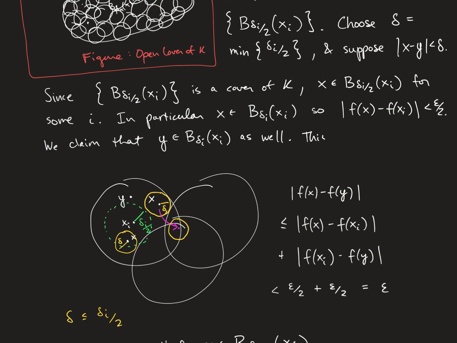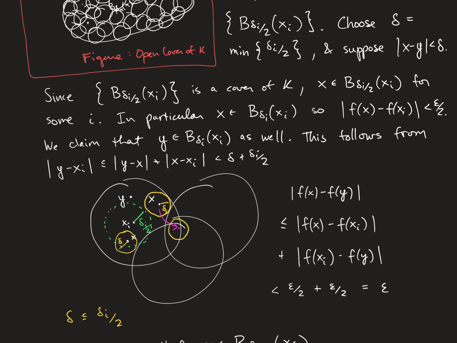So this follows from the distance between y and xi being less than or equal to the distance between y and x plus the distance between x and xi. Remember, x is in the delta i over 2 ball, so that second term is less than delta i over 2, and the distance between y and x is less than delta, so this is less than delta plus delta i over 2.